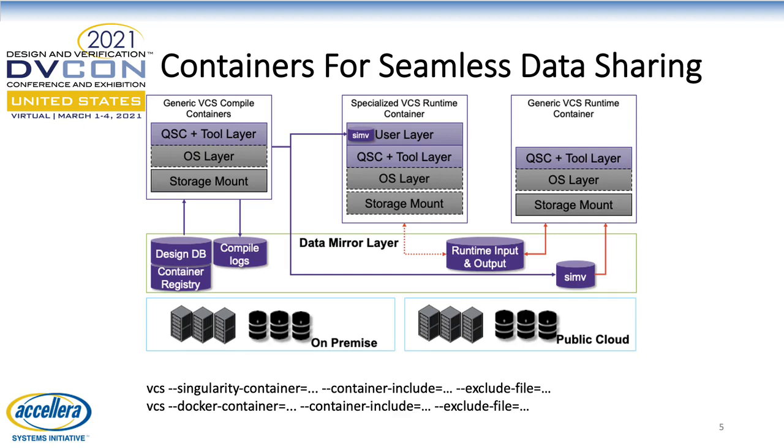This is typically where any output from the simulation is stored for processing when the simulation completes. We also support a more generic container that has only the OS and VCS runtime libraries, allowing for the other data to be mounted into the container. This also helps to mitigate the stress on the storage, since all simulations that are running in parallel will be accessing those runtime libraries at the same time.